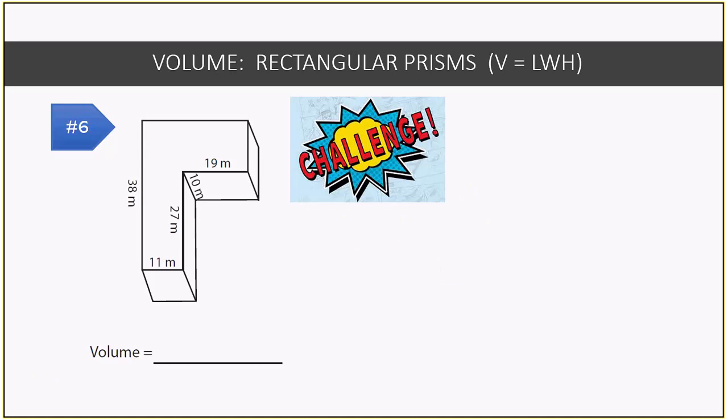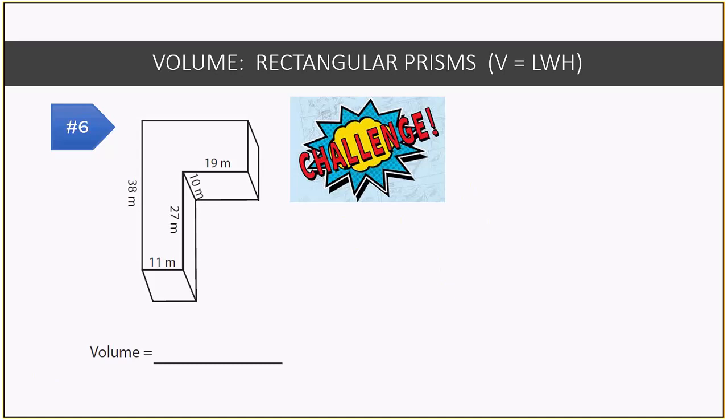It looks like the block letter L. There's no formula for that. So we do something called decomposing, which means we're going to break this piece up into smaller pieces whose volume we can calculate. And once we do that, and we have the volume of different pieces of this shape, we can add all of those volumes back together to get the volume of the big shape.